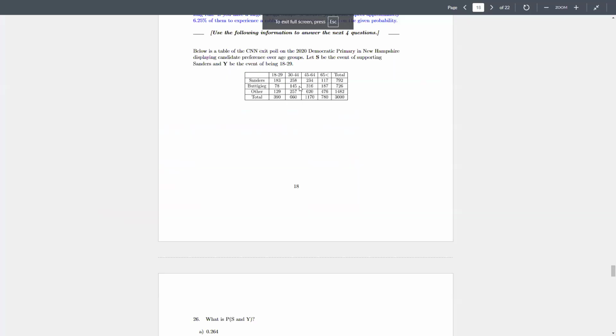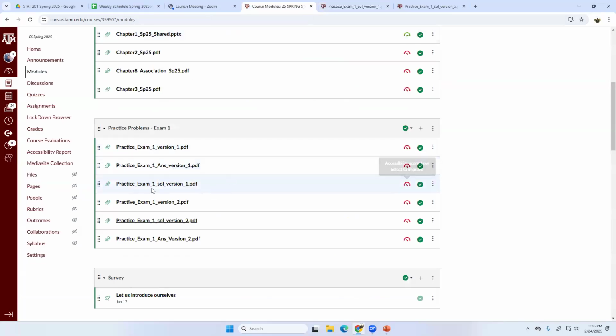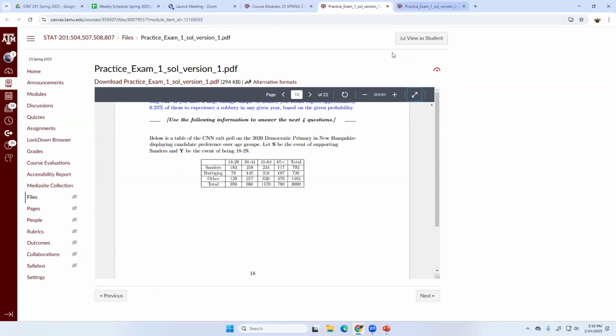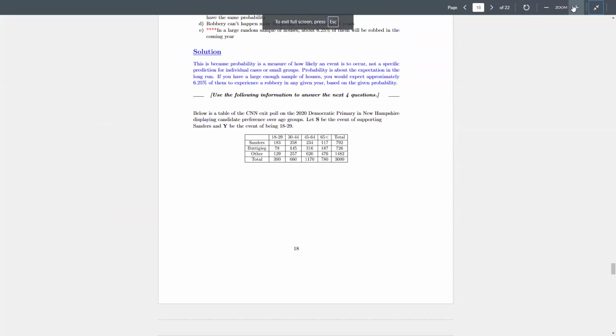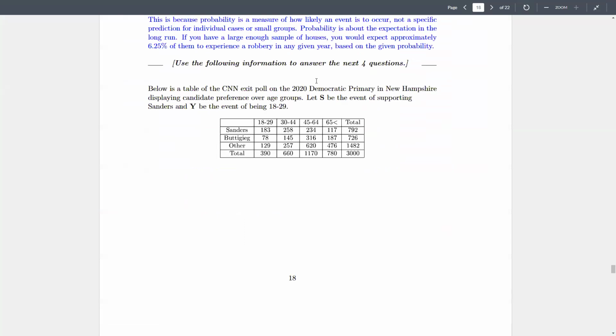So I don't know if I can copy this over there, but this question, right? What is this question giving you? I want everybody to read it so we can go over it. It's a CNN exit poll on the 2020 Democratic election in New Hampshire. You have two events here.